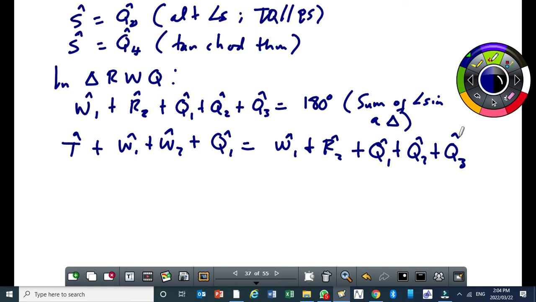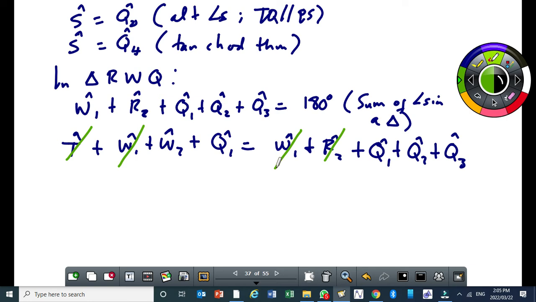Now, are you aware that some of the angles here are equal? Like T is equal to R2. So this cancels with that. Look at the diagram. Right? Then this W1 and that W1 are also equal, so they can cancel out.